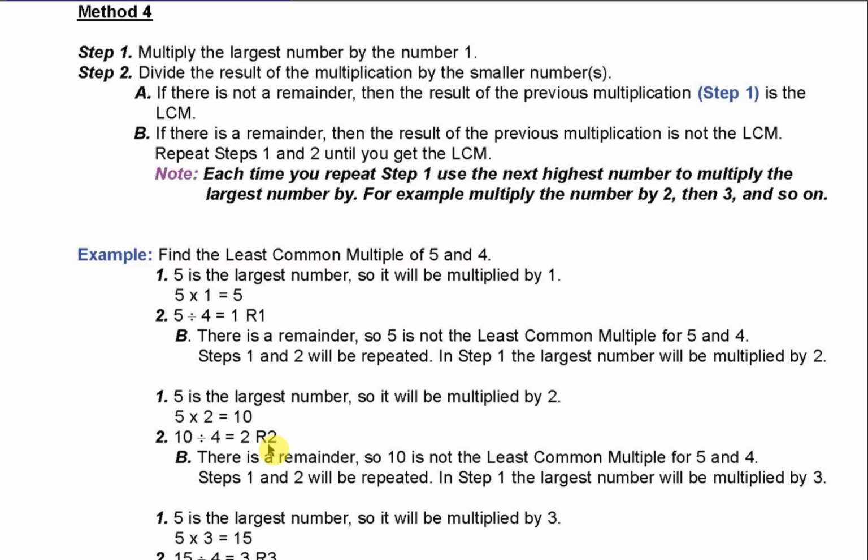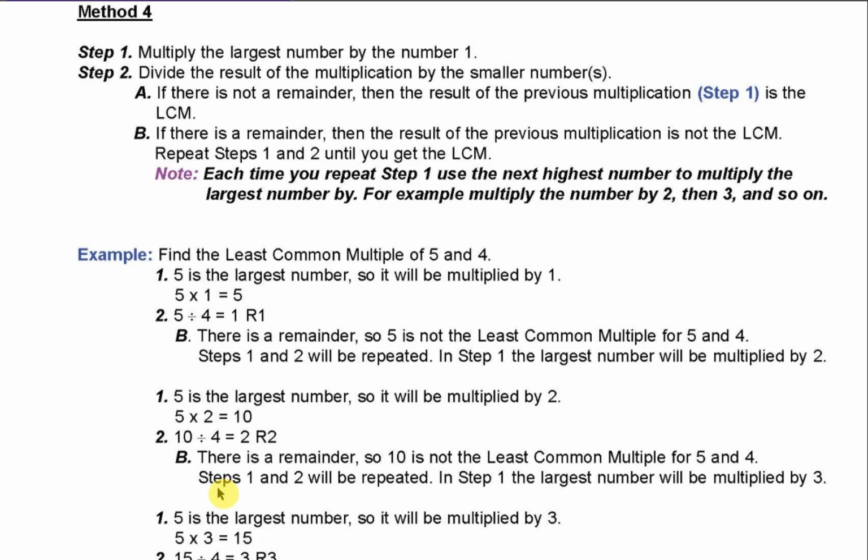Since there is a remainder, we will perform step 2B. There is a remainder, so 10 is not the least common multiple for 5 and 4.